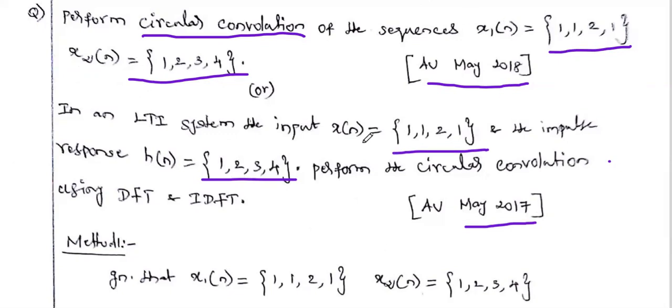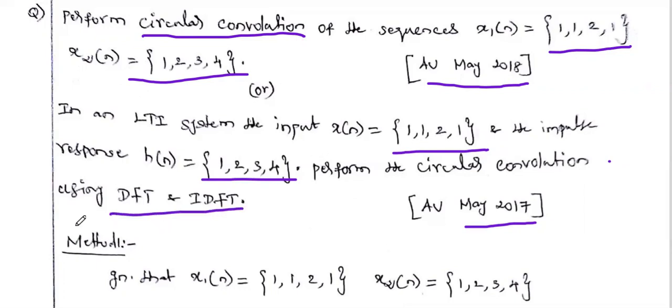But in this question, one sequence is the input sequence x of n and the other is the impulse response h of n. For one LTI system, the input is given and the impulse response is given. The question is to perform the circular convolution between x of n and h of n using DFT and IDFT.